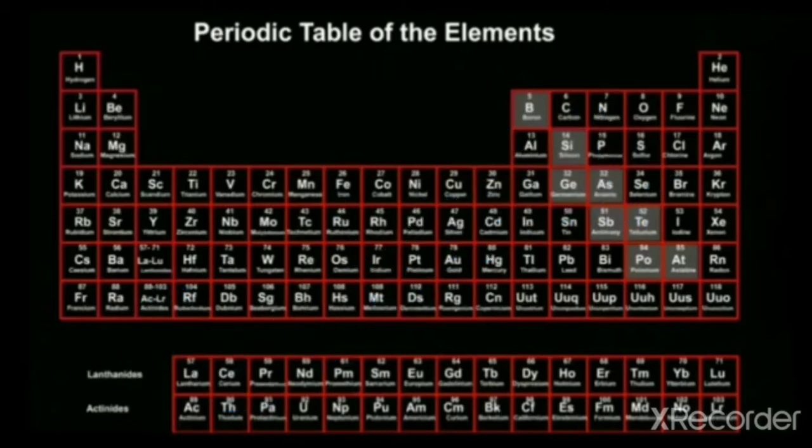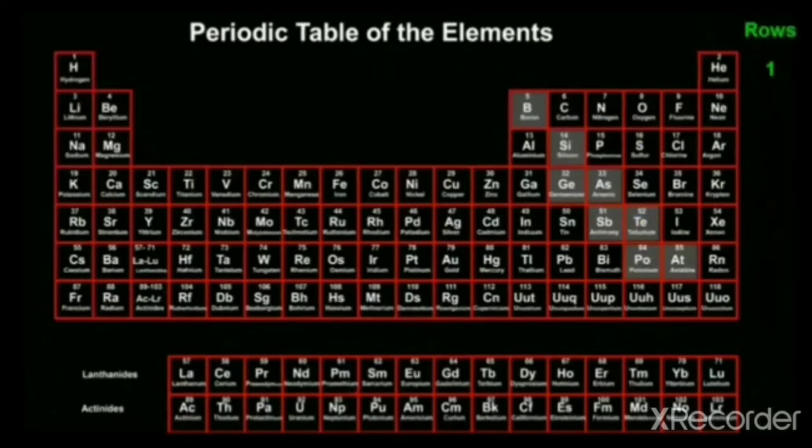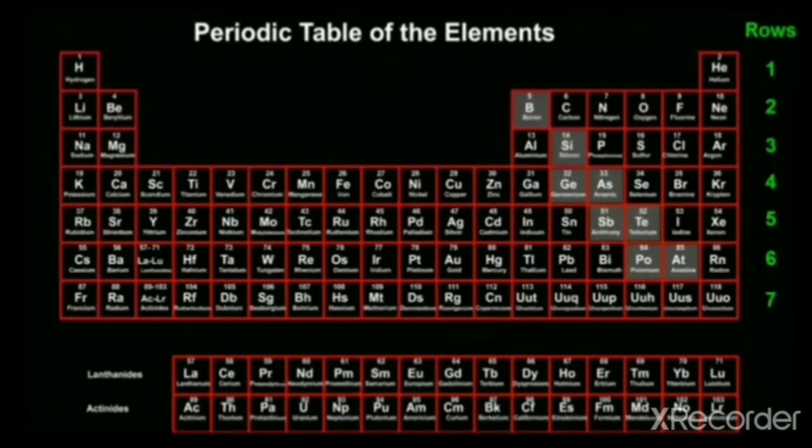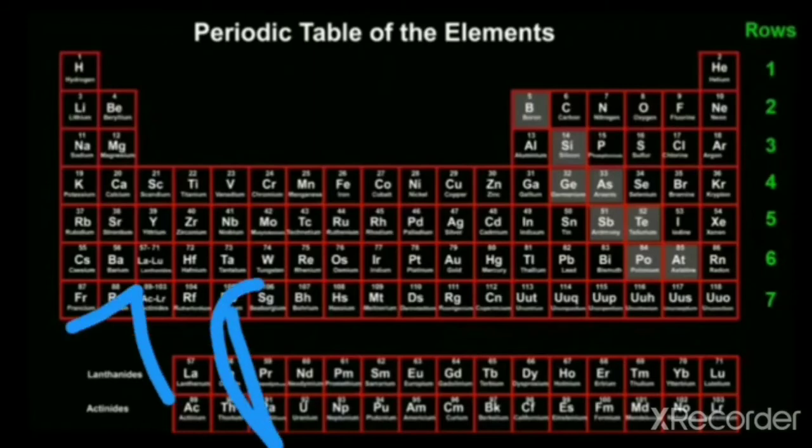So whenever we talk about a period, we need to consider the horizontal row. As we have discussed, how many rows are there here? We have the first row, second row, and similarly we can find there are 7 rows. So we can say that in the modern periodic table, there are 7 periods.